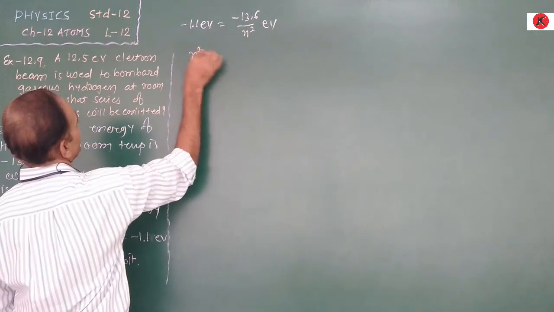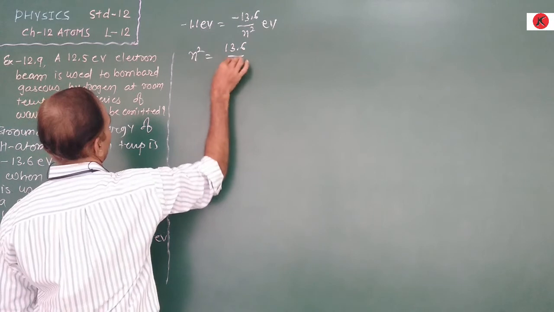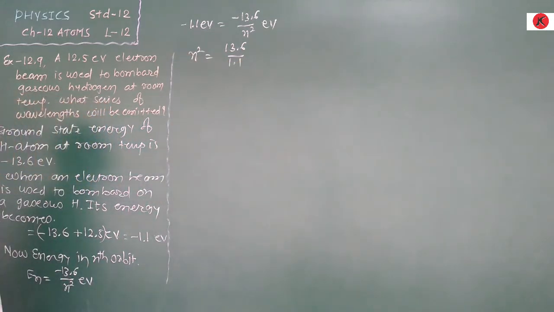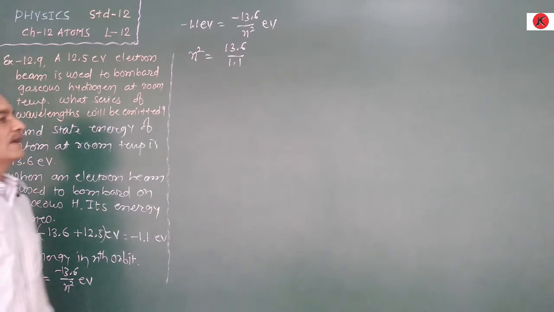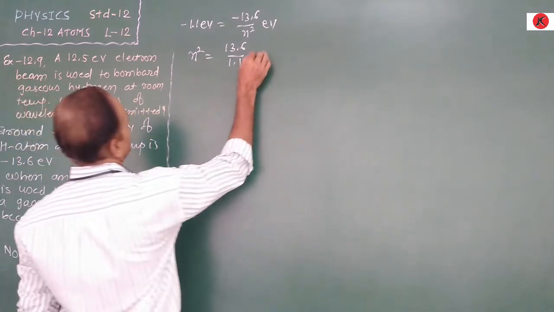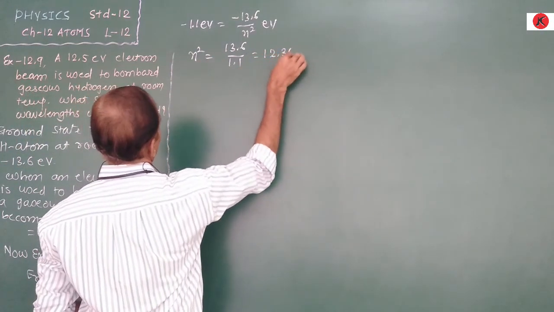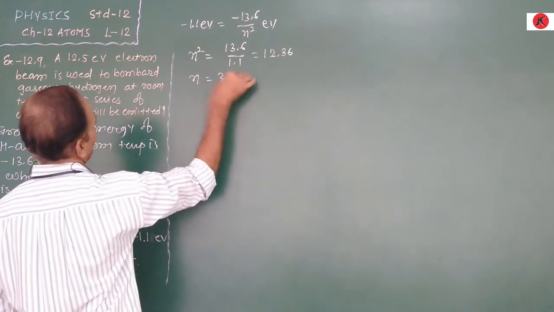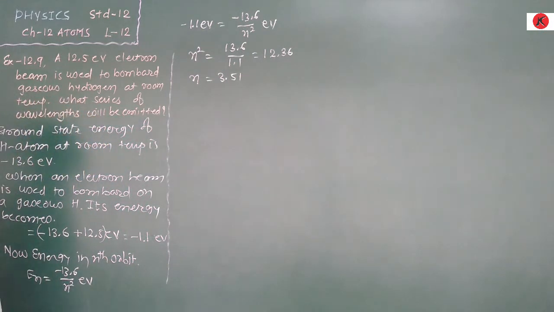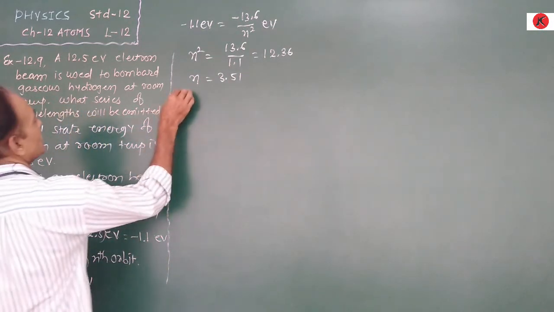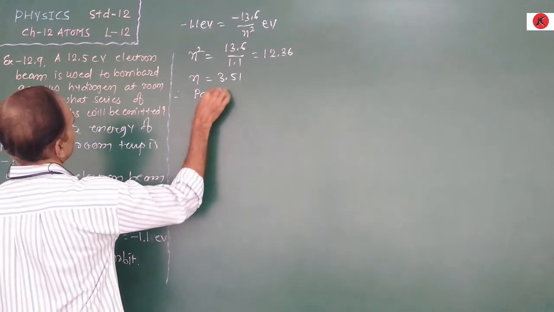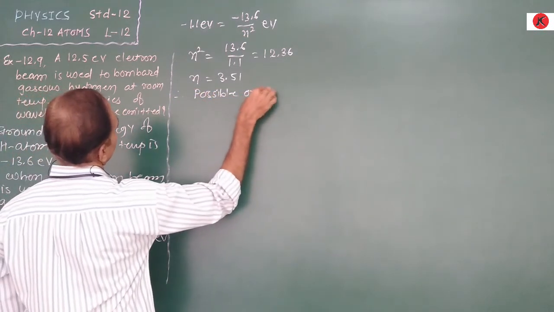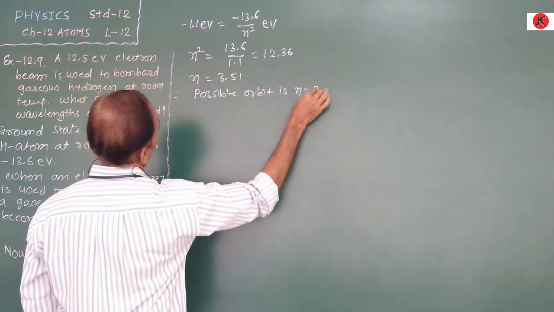Therefore, n square is equal to 13.6 upon 1.1, which is 12.36, and therefore n is equal to 3.51. Therefore the possible orbit is n equal to 3.